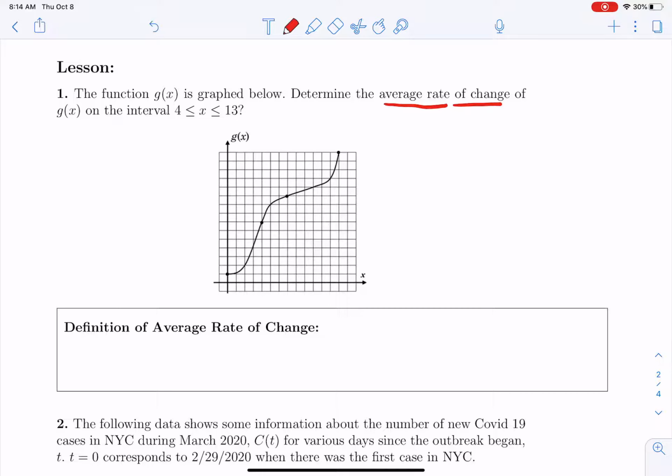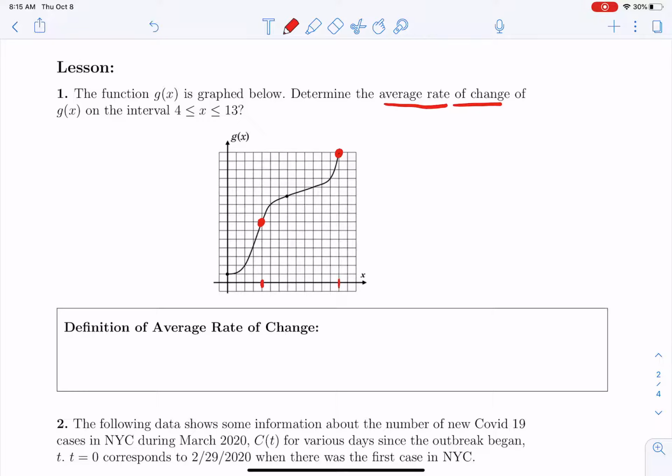So how is that line changing between certain x values? So let's take a look at it in the context of this problem. So here I've got determine the average rate of change on the interval 4 is less than or equal to x, which is less than or equal to 13. So that really means between when x equals 4, which is here, so that's that point on the curve where x equals 4, and where x equals 13, this is where x equals 13.